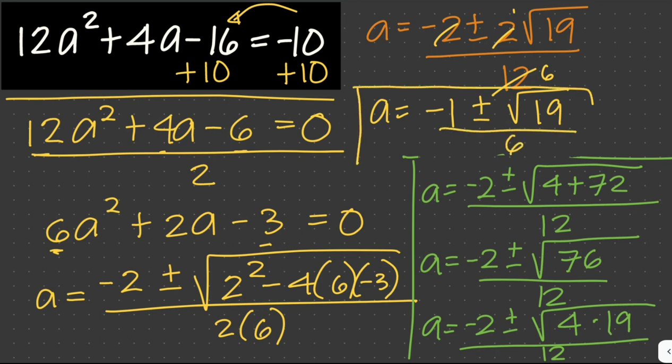Therefore, the values of a here are negative 1 plus square root of 19 over 6, or negative 1 minus square root of 19 over 6.